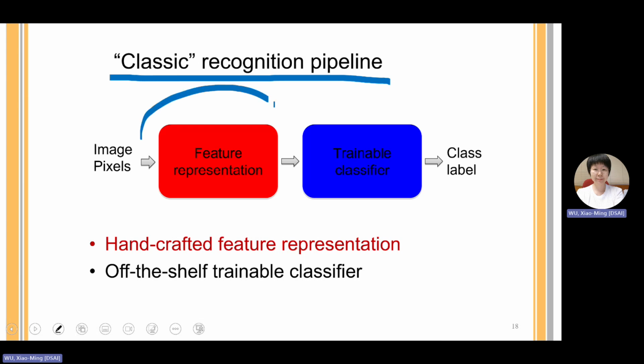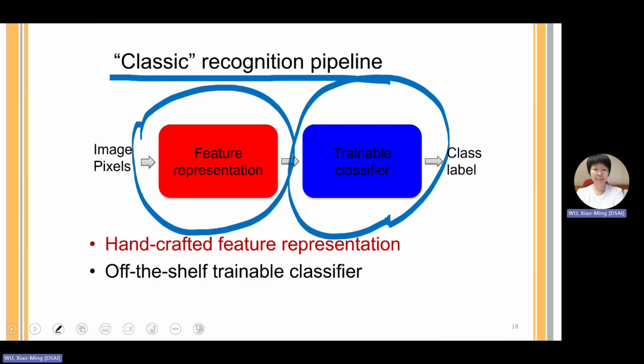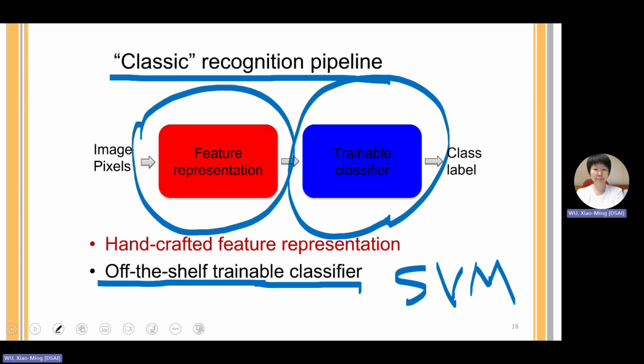The first one is to extract features. And the second one, based on the extracted features, is to train a classifier using some off-the-shelf classifier, for example, the simplest one, the nearest neighbor, or SVM. So this is the classical recognition pipeline. Very simple.